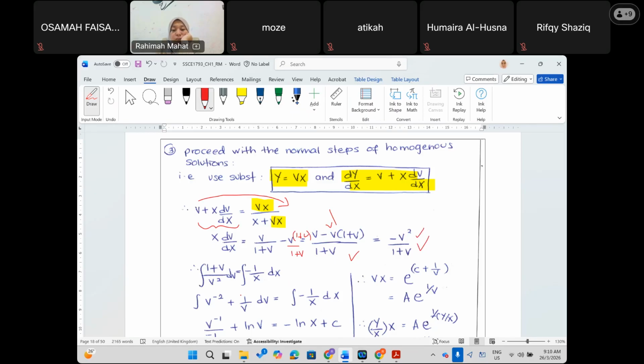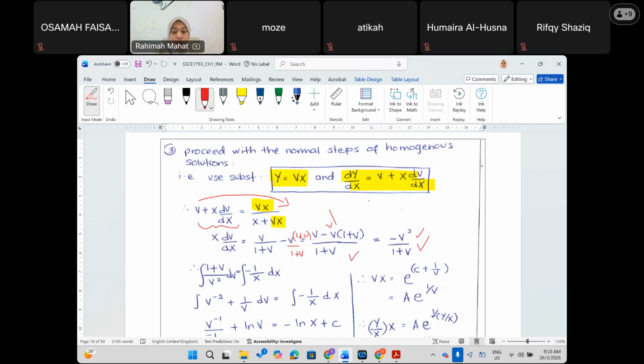Okay, and then the next step. This is the final one, x dv over dx is equal to negative v squared over 1 plus v. So you do the separation.